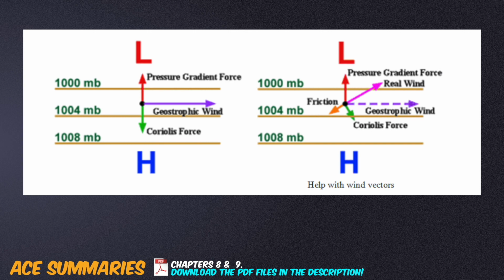Since isobars are not often completely aligned east to west and are often curved around the centers of high and low pressure, in reality there's a third force involved, the centrifugal force. When accounting for this force, a calculated geostrophic wind becomes what is known as a gradient wind. Please follow this link, which is on the screen right now and also in the PDF, to learn more about these winds.